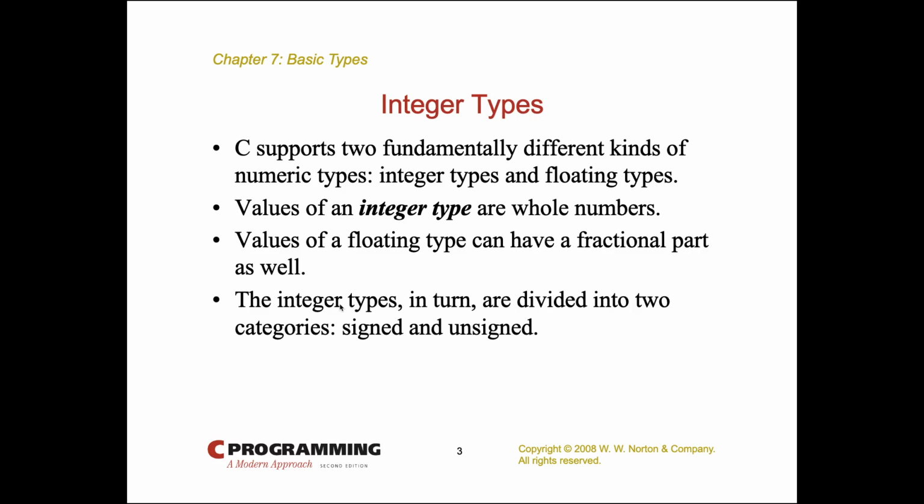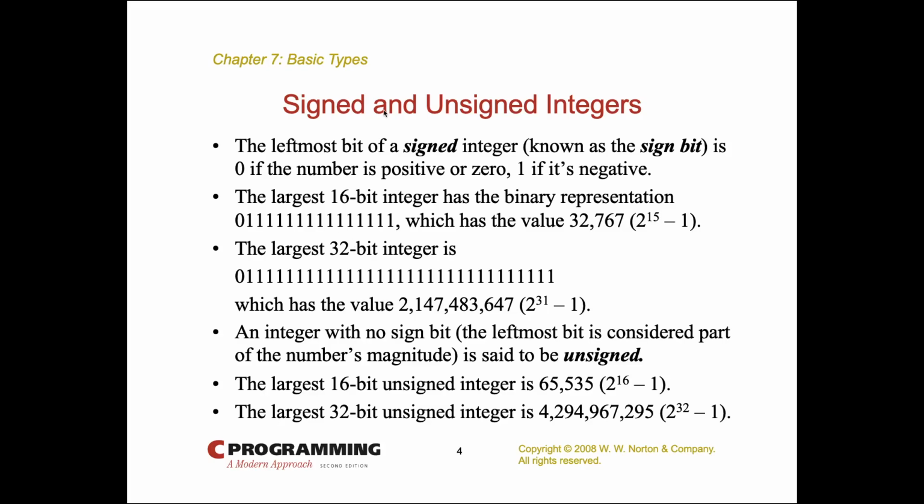The integer types can be signed or unsigned. Signed means positive or negative values, but unsigned does not use positive or negative. Let's see the details of signed and unsigned.